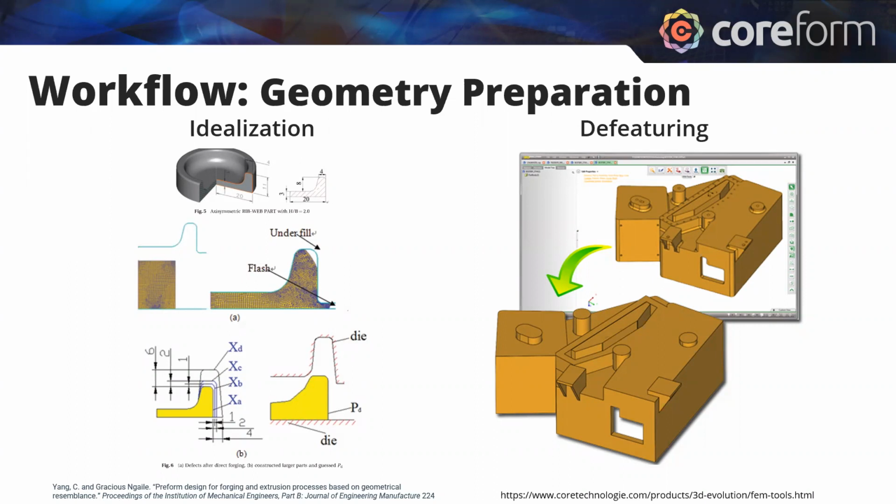I can run maybe thousands or tens of thousands of axisymmetric models to get a couple candidates, and then go back out to quarter symmetry or full symmetry to flesh out the fine details between my candidates. So idealizing the problem can take millions of degrees of freedom down to a few thousand degrees of freedom. And then also defeaturing.